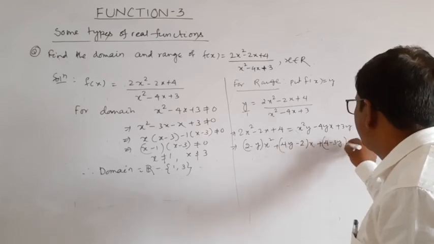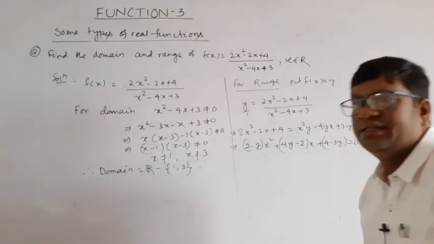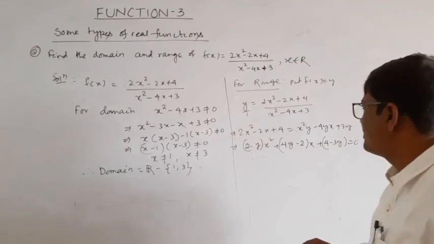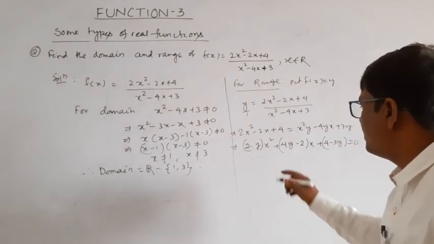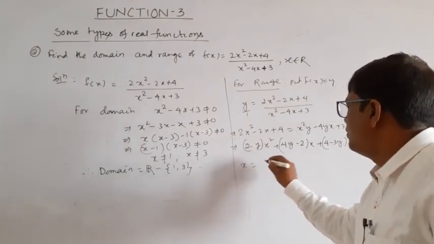is equal to 0. For real x, x is equal to minus b plus or minus root over b square minus 4ac, divided by 2a.